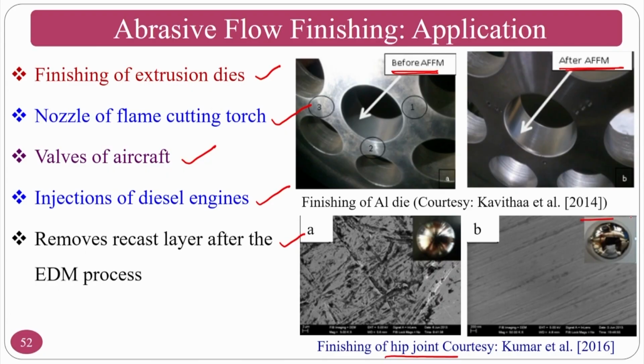If it is so rough, then it may eat away, or it will have terrible tribological characteristics whenever it is going in contact with the acetabular socket. Okay, that is why you require a better surface, so that the tribological conditions in the hip joint will be better.